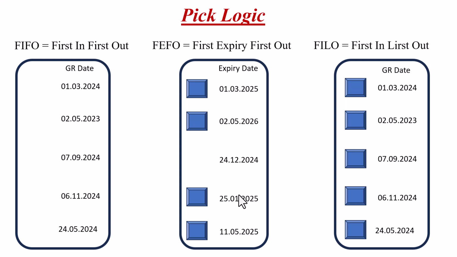So among these, the last but one will be issued, then the first one, then the bottom one, and the remaining product is going to expire in the year 2026, so it has a longer period of time. After issuing all the remaining products, if the system wants to pick another product, that is the 2026 one, so this product will be issued. This is how FEFO works: first expiry, first out.